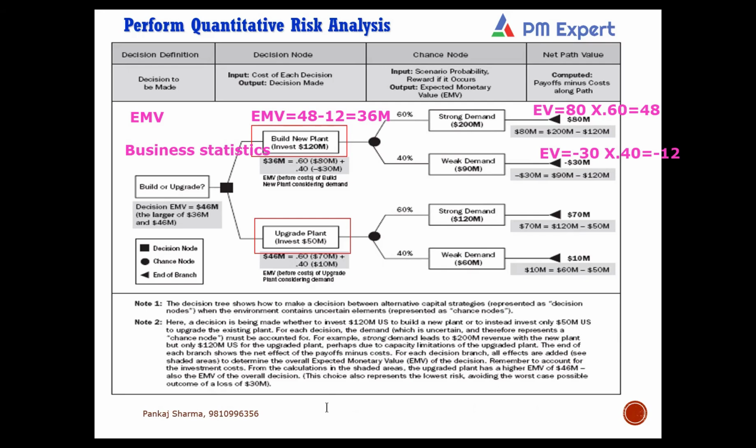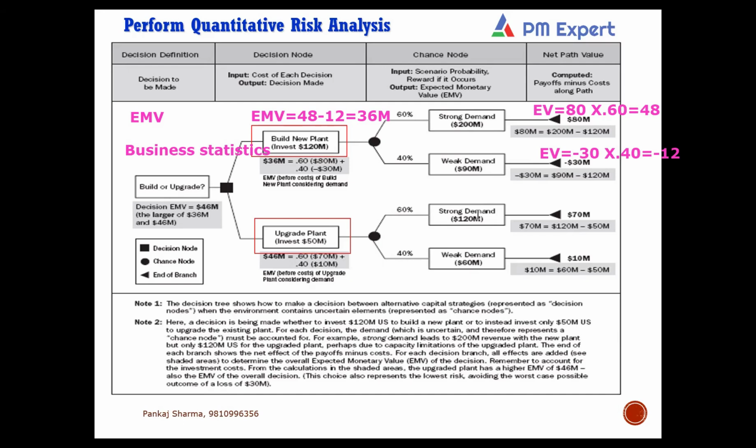So guys, we have calculated the expected monetary value of the first decision, building a new plant, which is 36 million US dollars. Is that okay? Now, can we go through the second one? Tell me, what is the investment if I upgrade? 50, right?